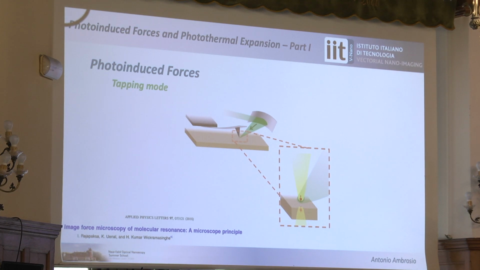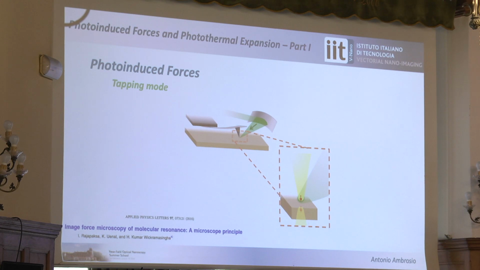Likely, if you scan, all that is going to change. If you do it correctly, it's the information related to the optical parameters of the substrate, and you have hope that finally you have a high resolution image of the local optical properties of the sample. In this other picture, you say there are two dipoles, they interact with each other, and there is a force that is induced by the fact that the tip is illuminated, so it's photoinduced.